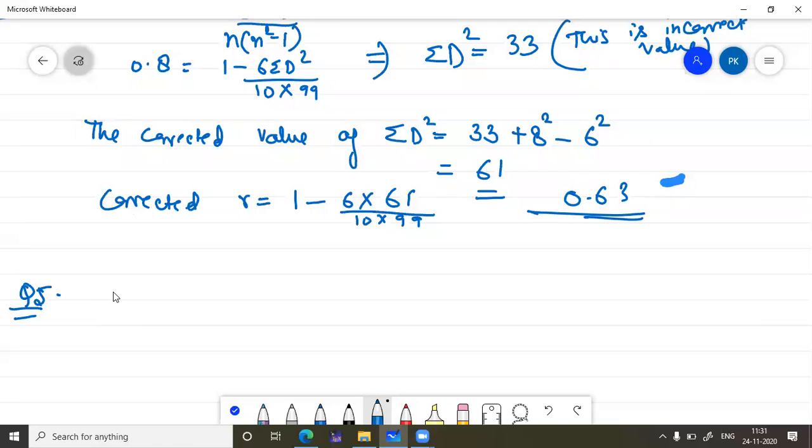This is two judges given a rank of competitors in a certain art competition.